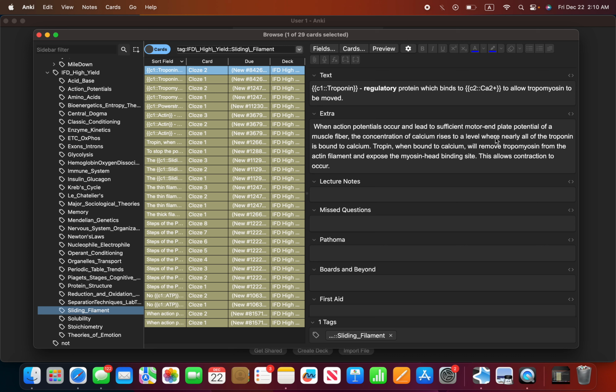There's enough action potential that reaches the motor end plate, and the concentration of calcium rises to a level where nearly all of the troponin is bound to calcium. So troponin is what attaches to calcium. But troponin, when bound to calcium, will remove tropomyosin from the actin filament and expose the myosin head binding site.